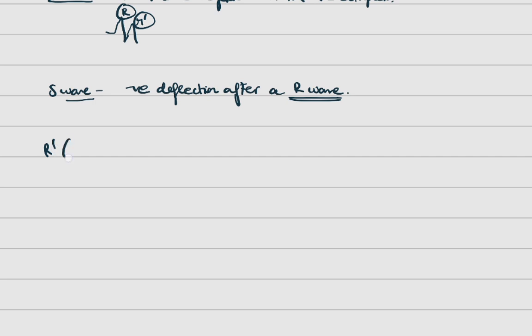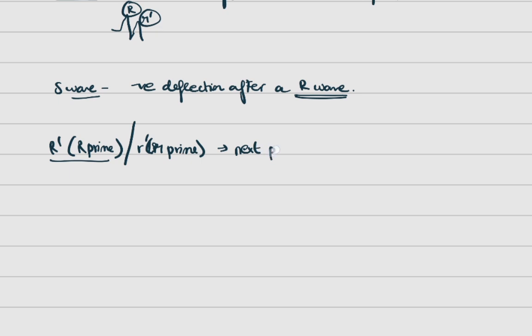So R dash, or R prime as we call it in a few cases, is the second wave. The next positive wave after the S wave is defined as R dash, by definition.